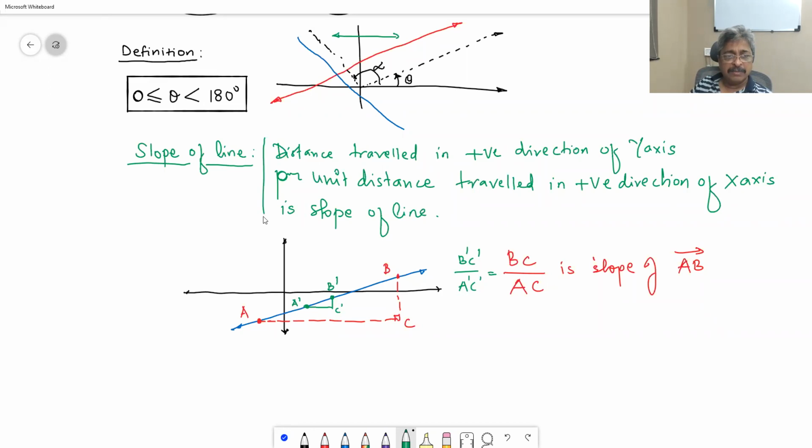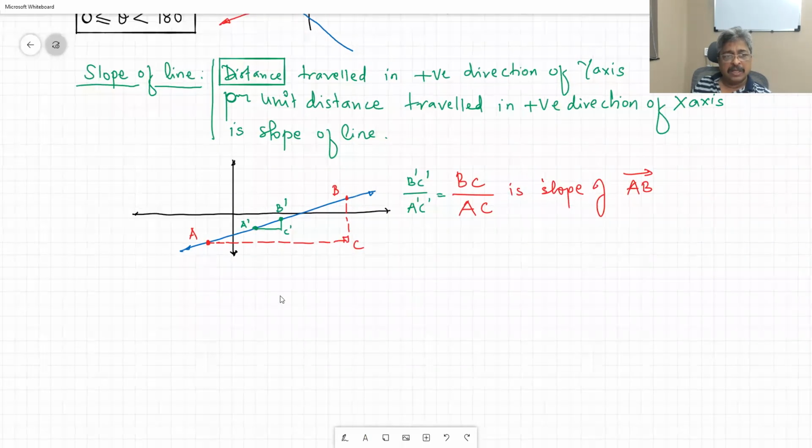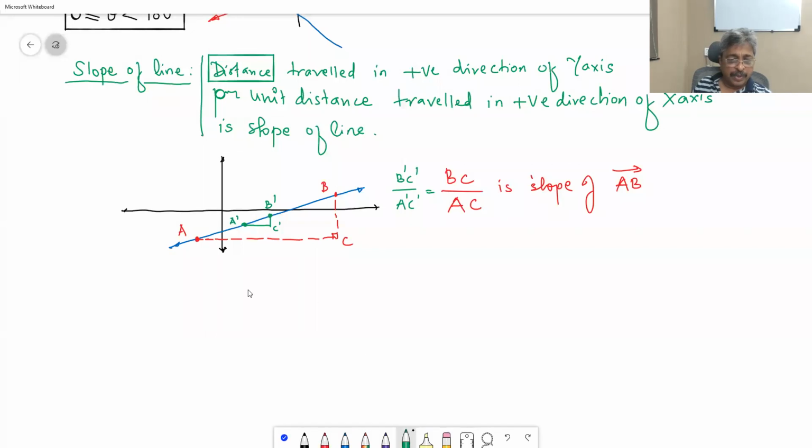And that is what this definition says. Distance traveled in positive direction of y-axis in the numerator, x-axis in the denominator. But then in coordinate geometry, how do you get this? Let us work on that and then find out what is the slope.